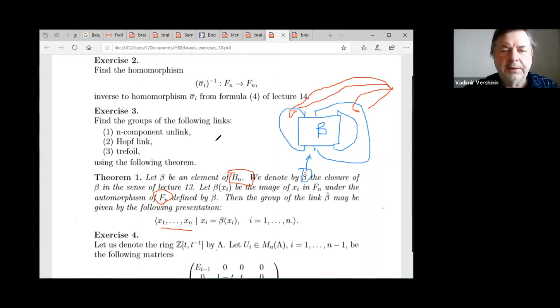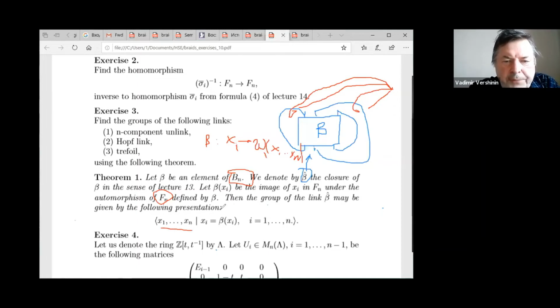So beta is an automorphism, and you are a computer. The computer transforms the letter x_i to some word w_i on x_1, etc., x_n, right?